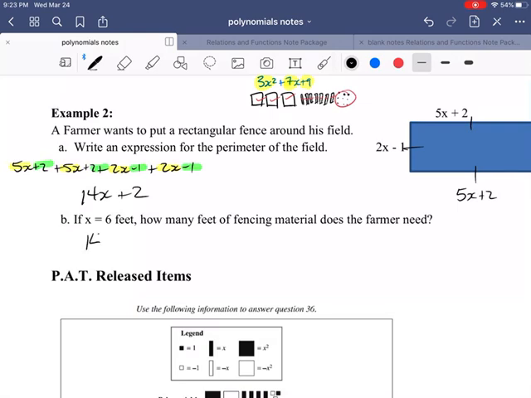So substitute in 6 for the x value. Now 14 times 6 is 84. And 84 plus 2 gives us 86 feet of fencing.